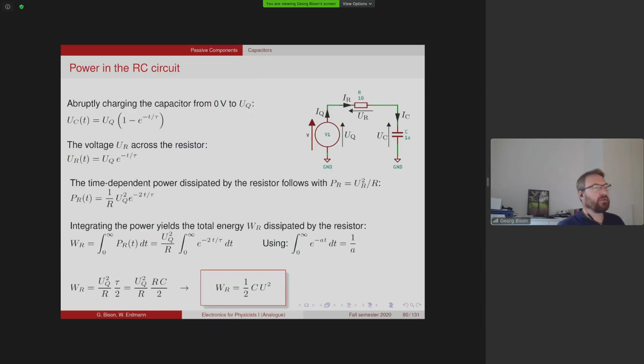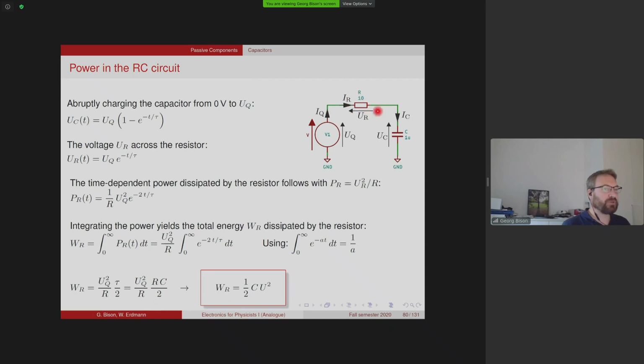Okay, now let's have a look at the original RC circuit just with a series resistor here, and one particular aspect of it, namely power. So the question is, what is the power that has to be supplied by the voltage source in order to charge the capacitor?